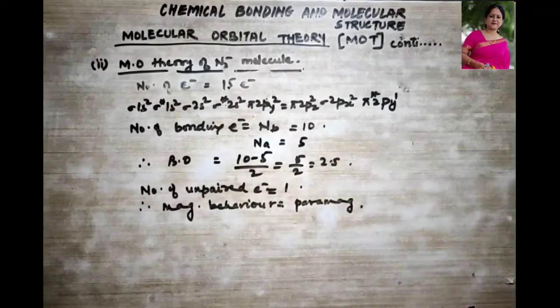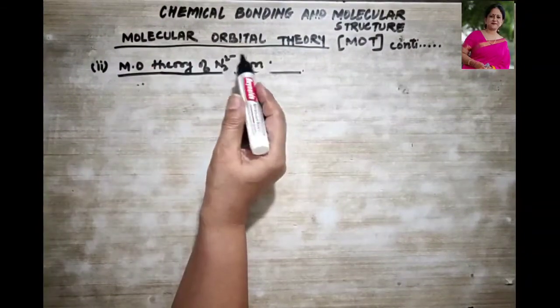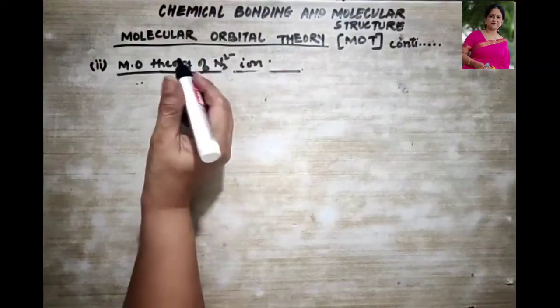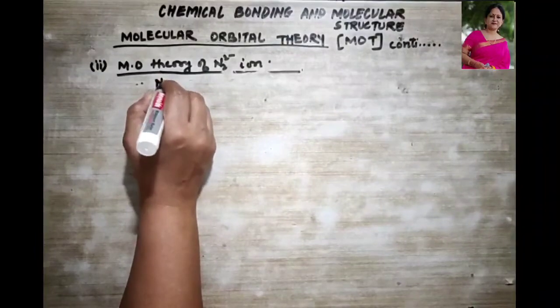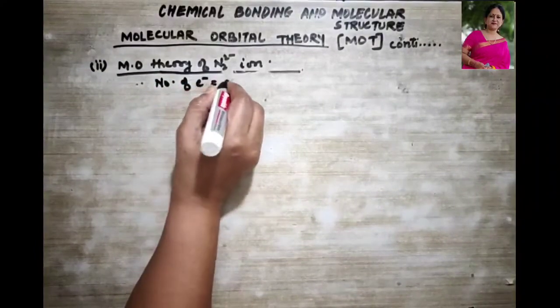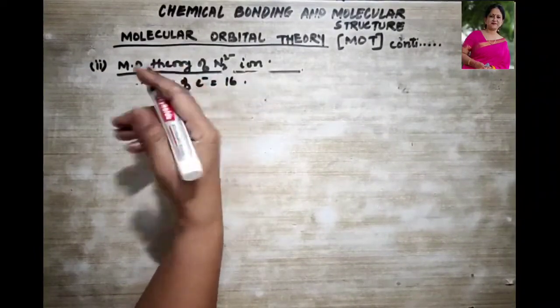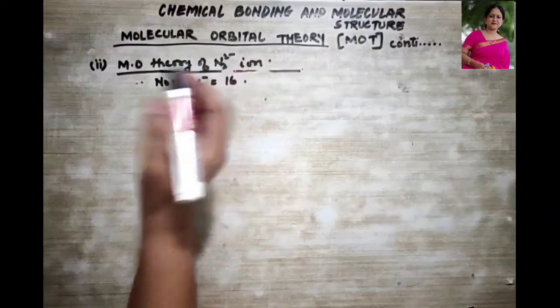Okay. Next we come to the MO theory of N2 2- ion. How many electrons? The number of electrons over here is 16. So what will be the configuration here?